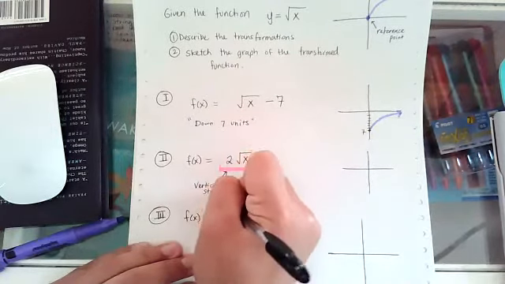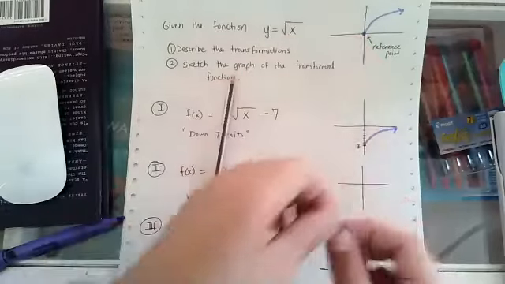So the parent function is going to get a little bit taller and a little bit skinnier. It's sort of hard to think about with this function, since what does it mean to be skinnier? When we stretch it like a rubber band, we're going to stretch it vertically, and it should get skinnier, right?